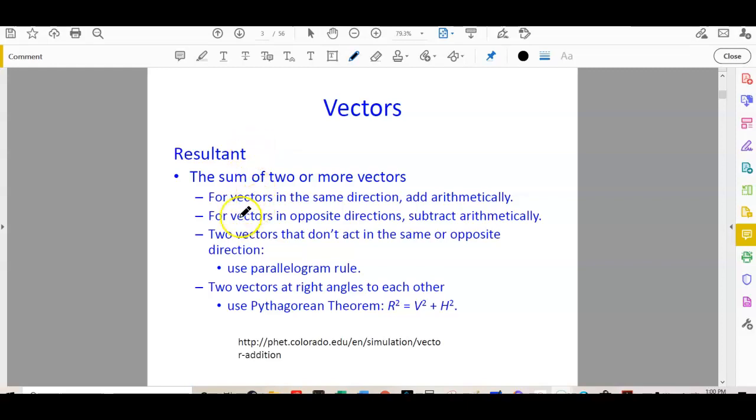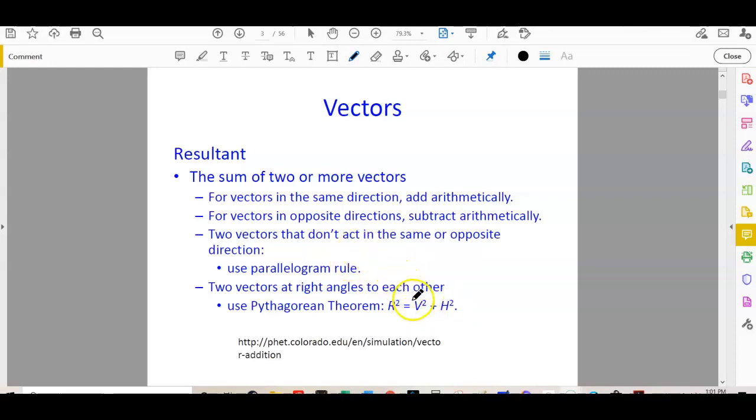If you have two vectors that don't act in the same or opposite directions, you have to use a parallelogram rule. But most of the time, especially in what we're going to be doing, the two vectors are at right angles. So the length of the resultant vector is the square root of the length of one side squared plus the other side squared.